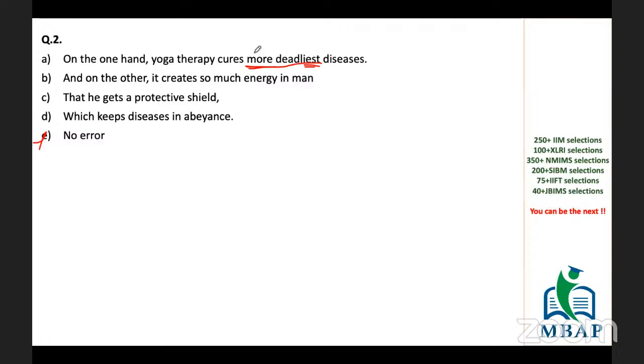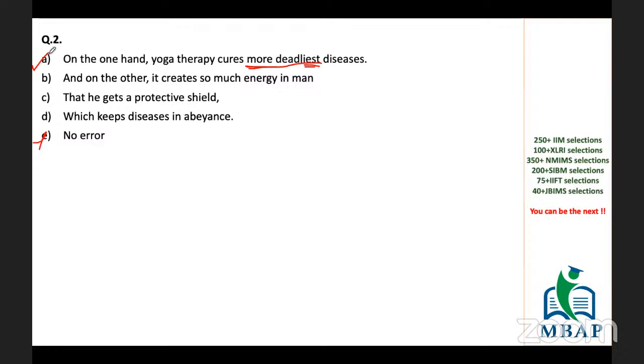Never do this. If you have a proper logic, go by the logic only. If you don't have logic, I'll advise don't go for the question. It's better to skip it rather than going by the sound, because whenever you go by the sound of the sentence, chances are really high that you're going to end up getting the wrong answer.